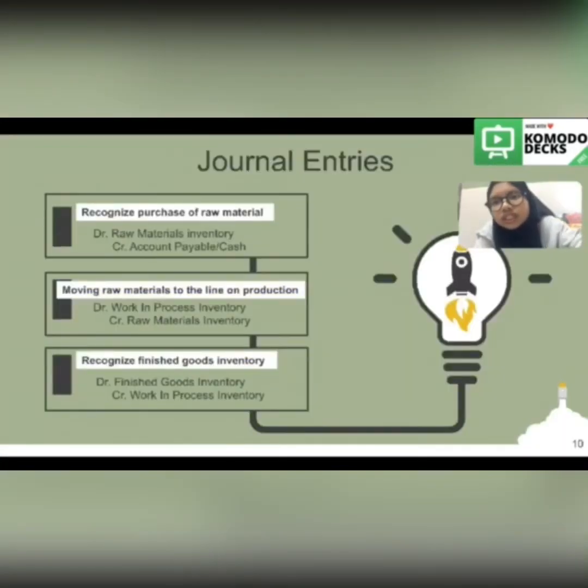For journal entry, the first journal is to recognize purchase of raw material. Here, we debit raw material inventory, and then we credit account payable when we buy on account, or we credit cash when we buy it on cash. And then moving raw material to the line of production.